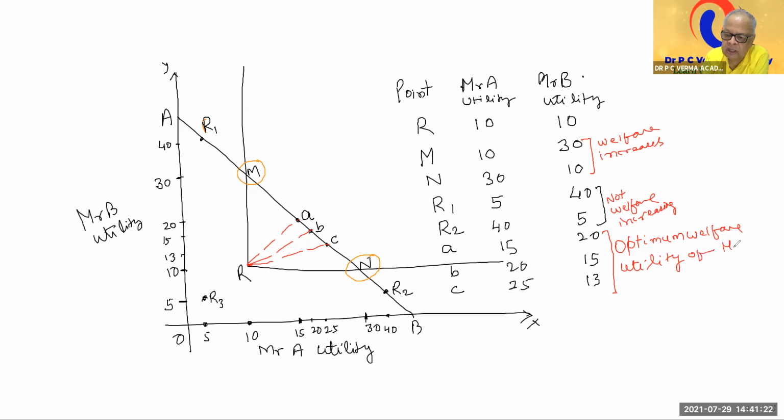Utility of Mr. A and Mr. B both increasing. Case of optimum welfare.